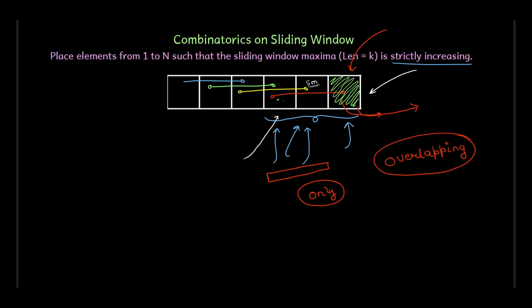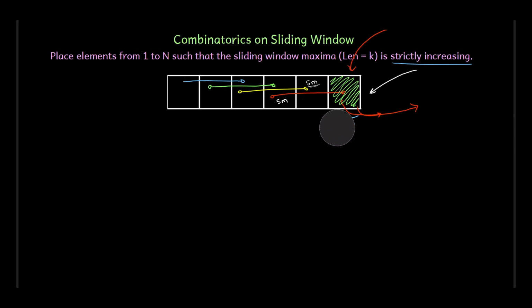But if you place a second maxima over here, you will see that it can create issues, because let's assume that you place a second maxima in this overlapping region which has two colors apart from red. Now what will happen if you place a second maxima over here and the last element is over here?